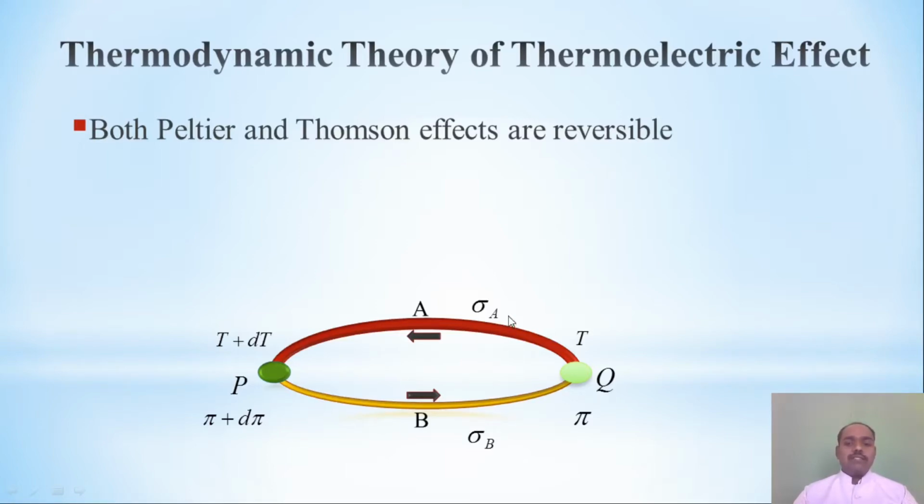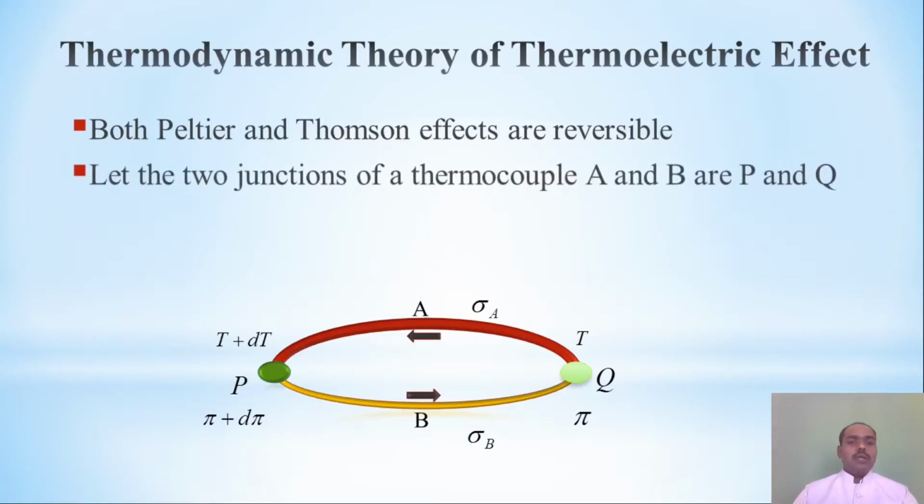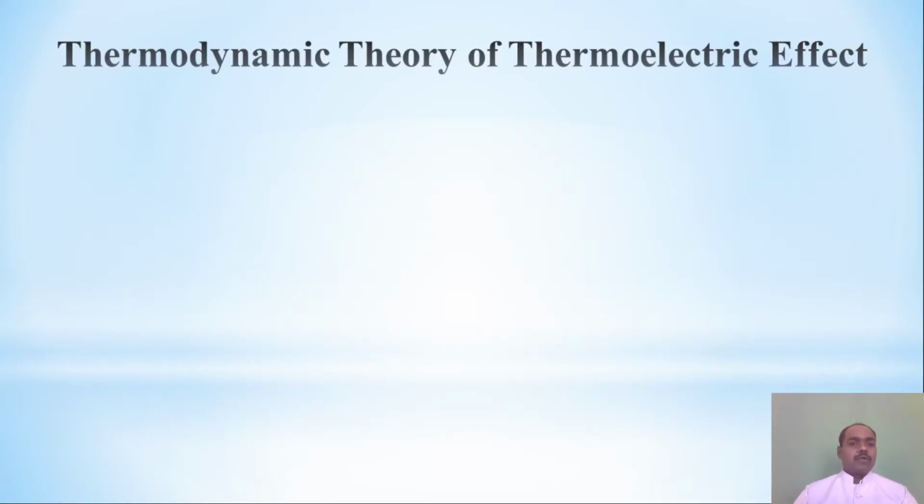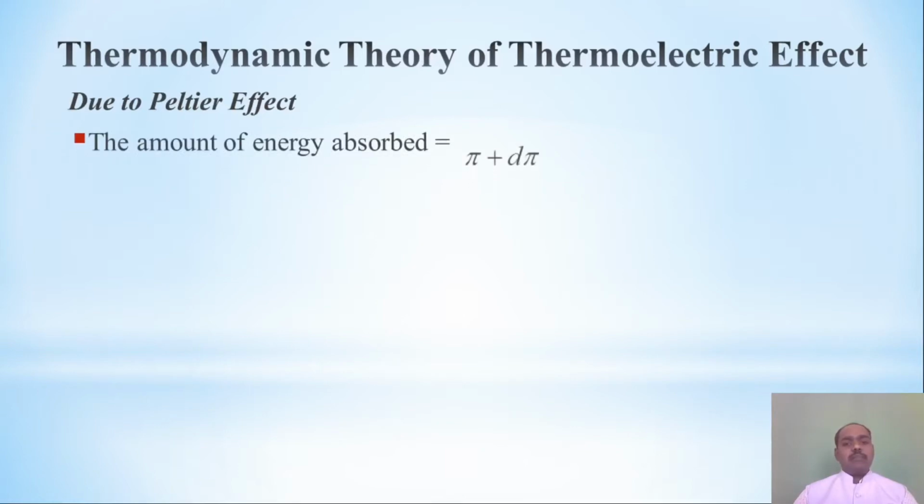Sigma A is the Thomson coefficient of metal A. Sigma B is the Thomson coefficient of metal B. Let the two junctions of thermocouple A and B be P and Q. Temperature at junction P is equal to T plus dT and temperature at junction Q is equal to T. Now, due to Peltier effect, the amount of energy absorbed at junction P is pi plus d pi.